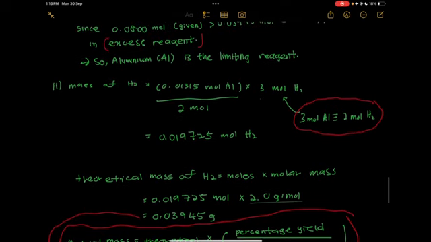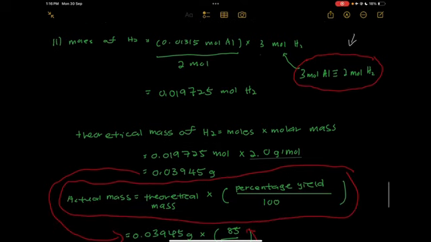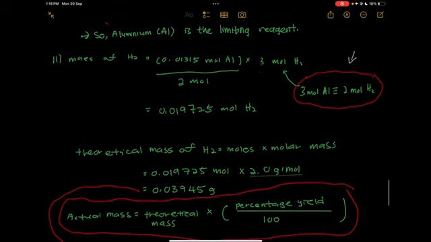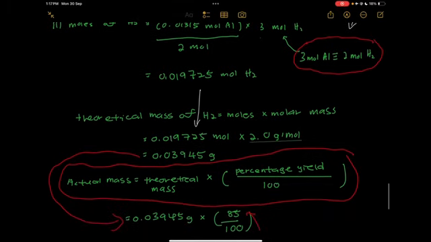By the way, refer to the stoichiometry: 3 mole Al equals 2 mole H2. Then we can get the theoretical mass of H2, which equals moles multiplied by molar mass. So 0.019725 mole multiplied by molar mass for H2, 2.0 g per mole, we can get the answer 0.03945 gram.